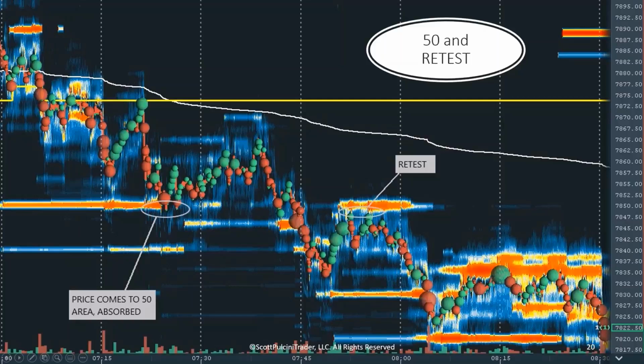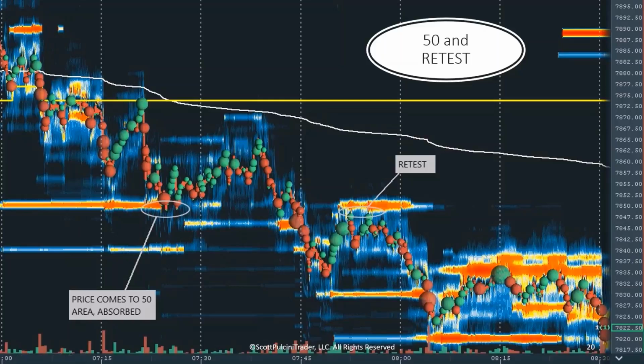Okay, and that's what it'll do, those retests of the levels very often. Even if it falls down, let's say to 7,800 and breaks below 7,800, it's highly likely that it's going to come back to the 7,800 before continuing on its path.